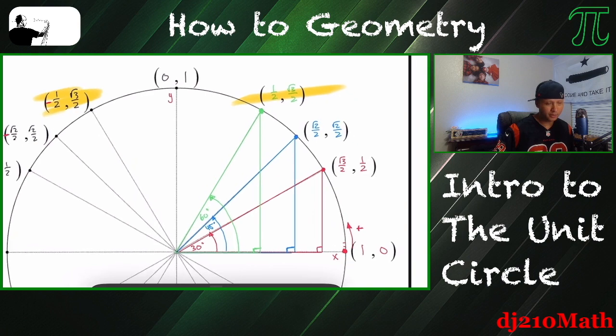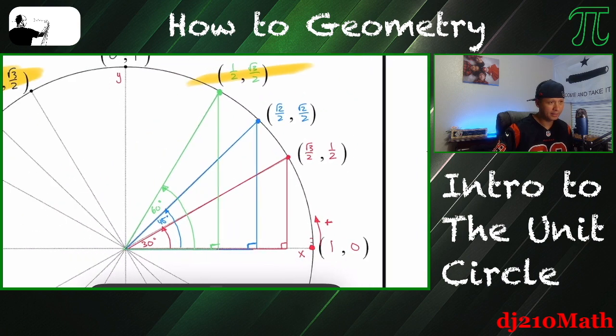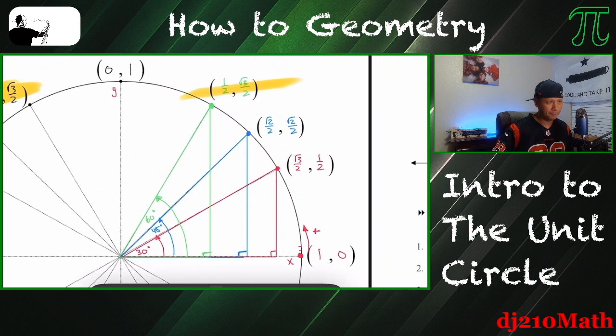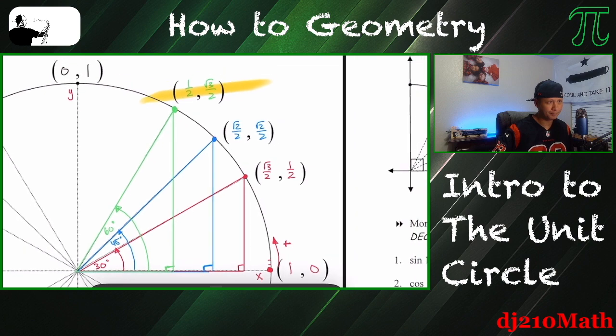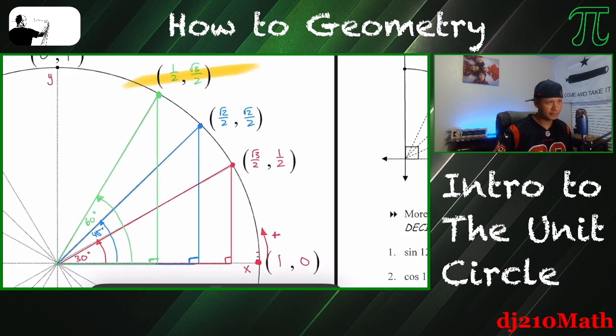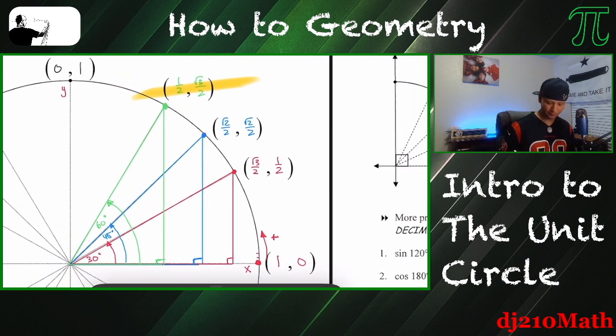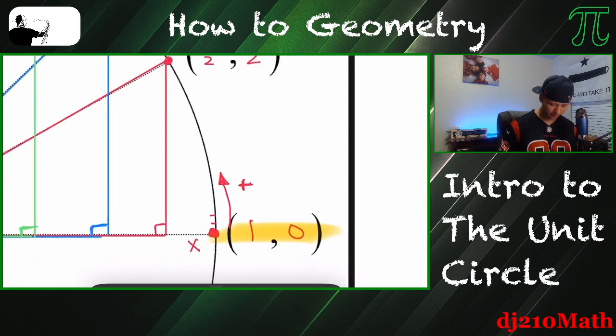One thing is, as you're looking here, what I want you to remember is that this point is 1 comma 0. This is 1 comma 0.